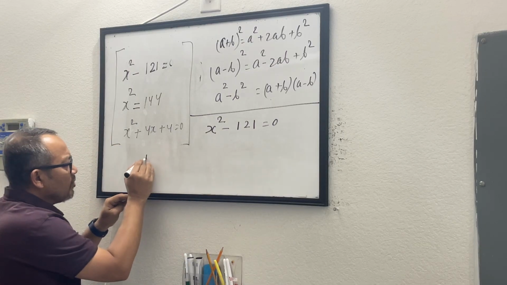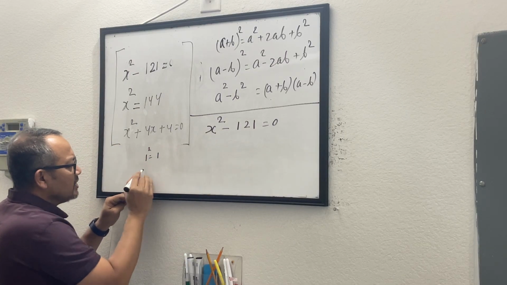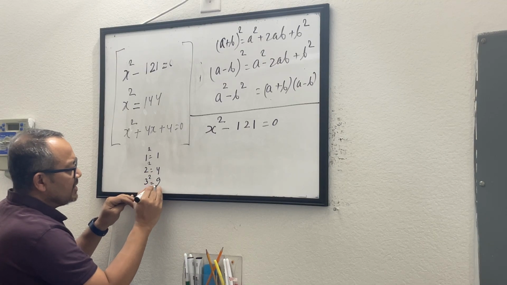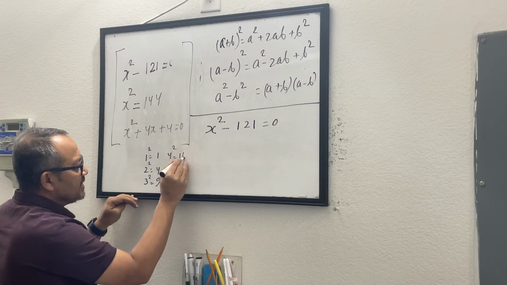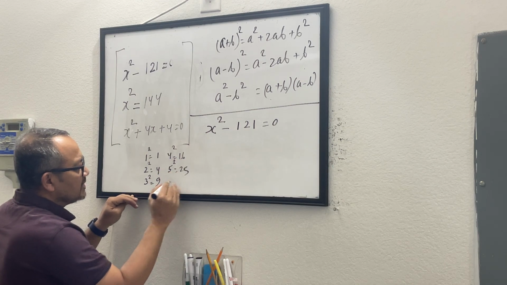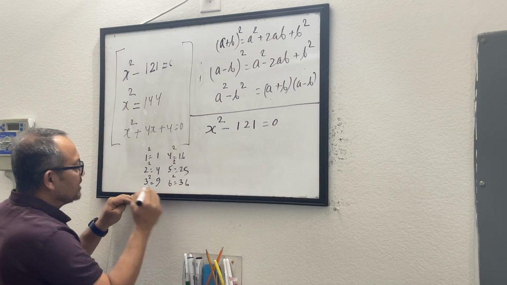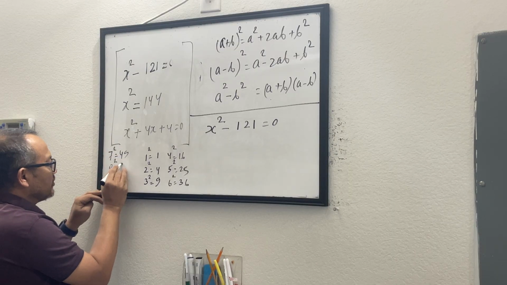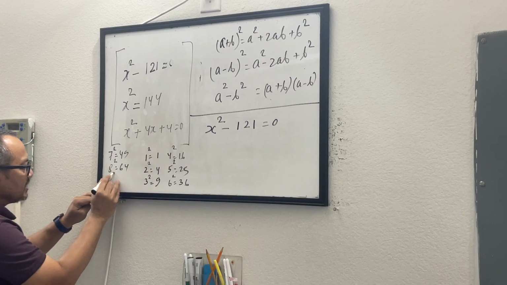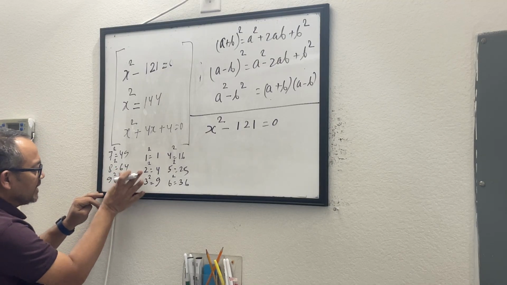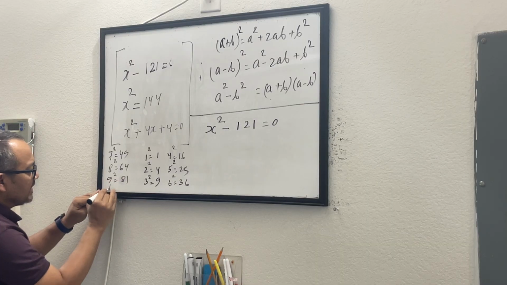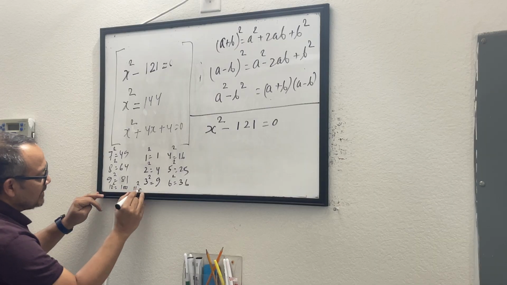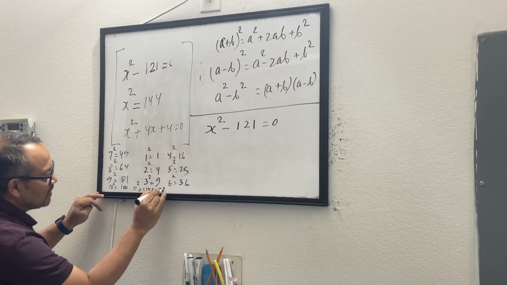Let's see. 1 square is 1, 2 square is 2 into 2, 4, 3 square is 9, 4 square 16, 5 square 25, 6 square 6 into 6 36, 7 square 7 into 7 49, 8 square 8 into 8 64, 9 square 9 into 9 81, 10 square 10 into 10 100, 11 square is 11 into 11 is 121.